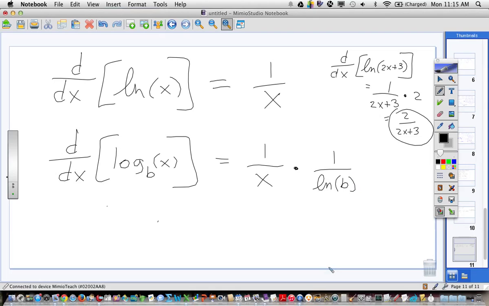So think about this example I gave you. If we would have done log base 7, let's say, and it would have had a 2x plus 3 in there, you'd have had 1 over 2x plus 3, then you'd have to kick out a 1 over ln 7 because of the rule, and you'd have to kick out a 2 because of the rule about a constant on the inside.